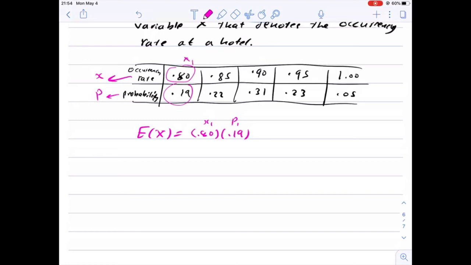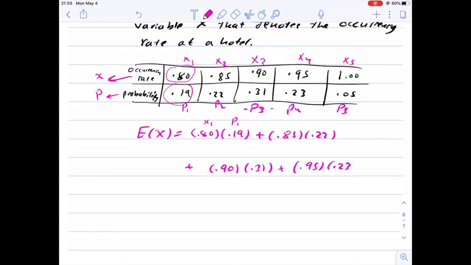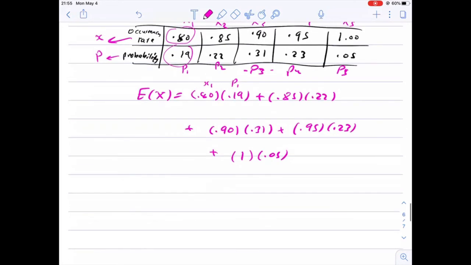So this is x1 times its probability. x1, this is probability 1, x2, probability 2, and so on. x3 probability 3, x4 probability 4, x5 probability 5. Now we add 0.85 times its probability plus 0.90 times its probability plus 0.95 times 0.23 plus 1 times 0.05, and if we use the calculator we get 0.8865.